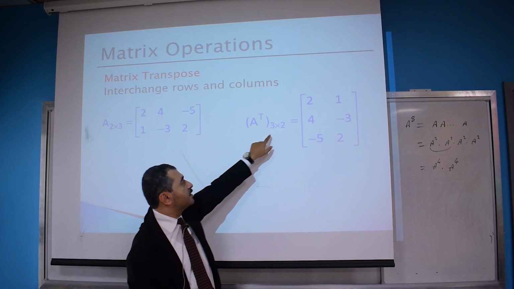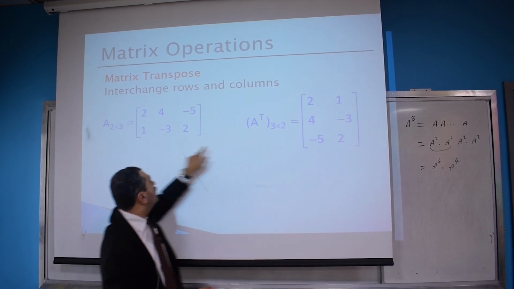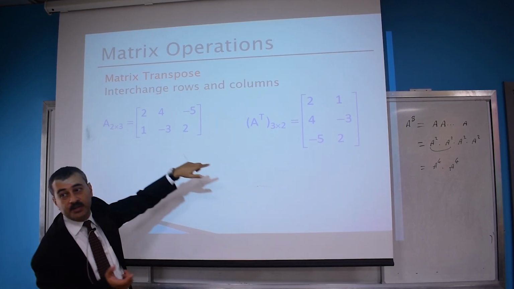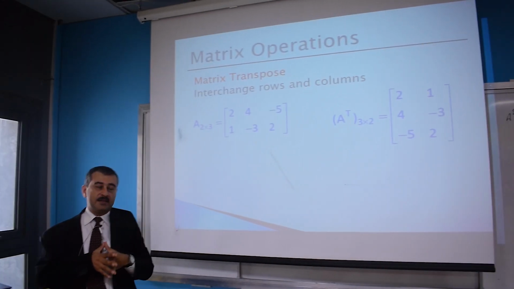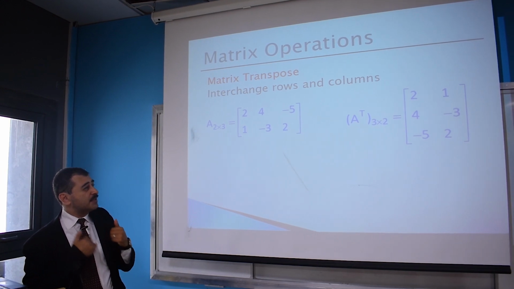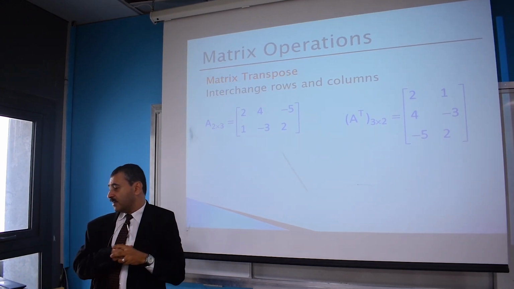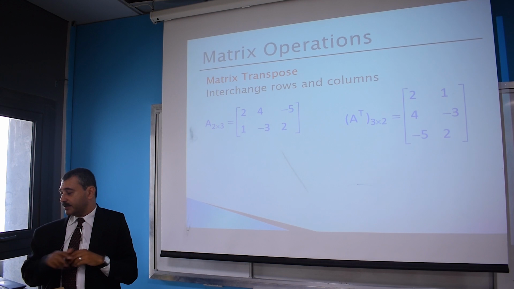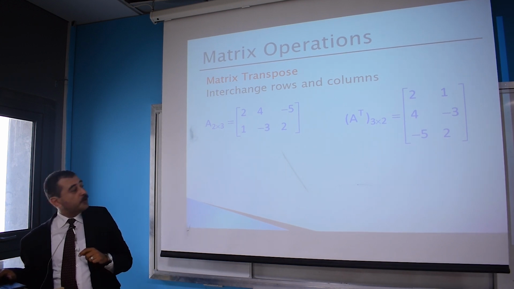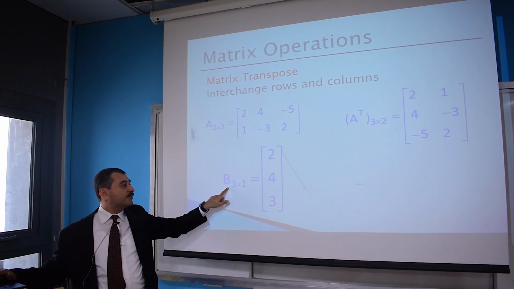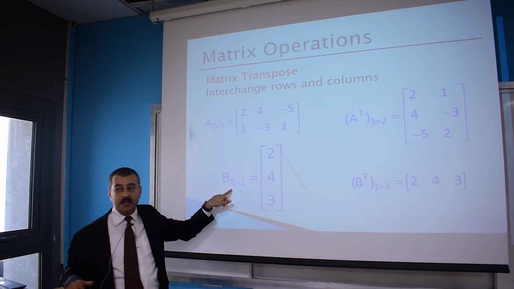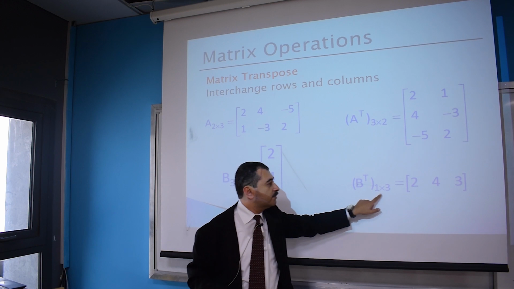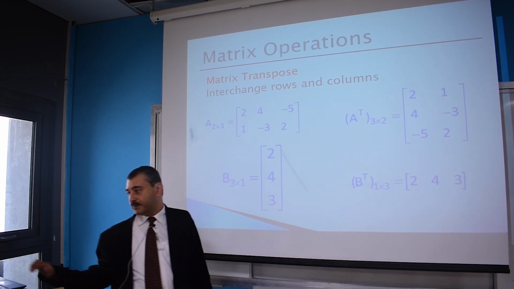So the dimension is going to be interchanged. Instead of 2 by 3, it would be 3 by 2. So this is the definition of the transpose of a matrix. We are going to use this extensively in this chapter and later on. So if you have, for example, this vector B, 3 by 1, then B transpose will be a row vector, 1 by 3: 2, 4, and 3.